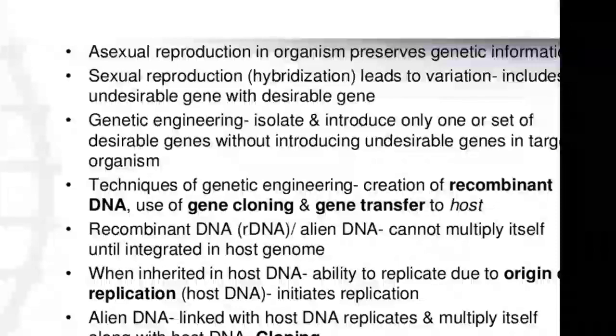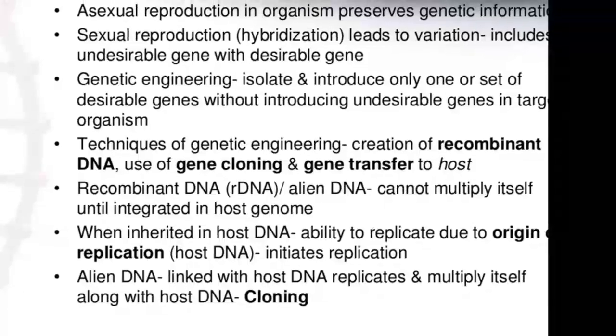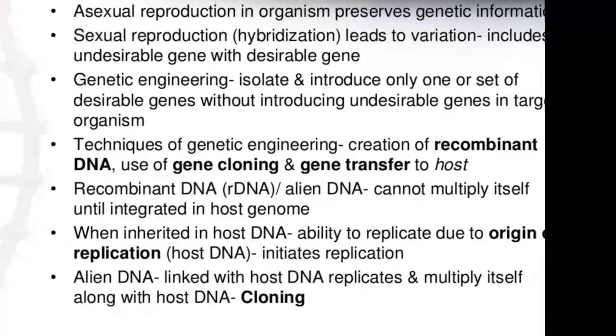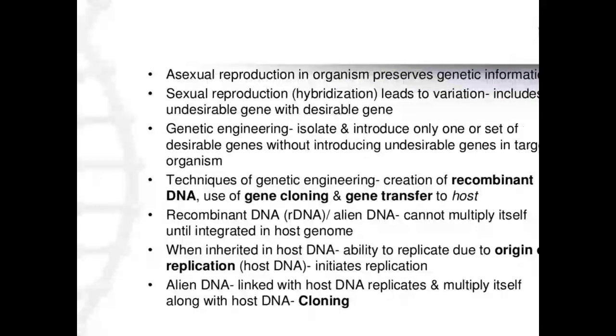When inserted into the host DNA, the ability to replicate comes from the origin of replication found inside the host DNA, which initiates the process of replication. The alien DNA is linked with the host DNA for the process of replication and multiplication along with the host DNA. Actually, this process is known as DNA cloning, making many copies of the desirable DNA.